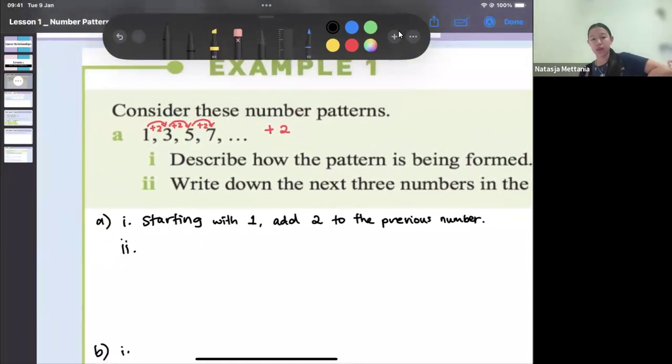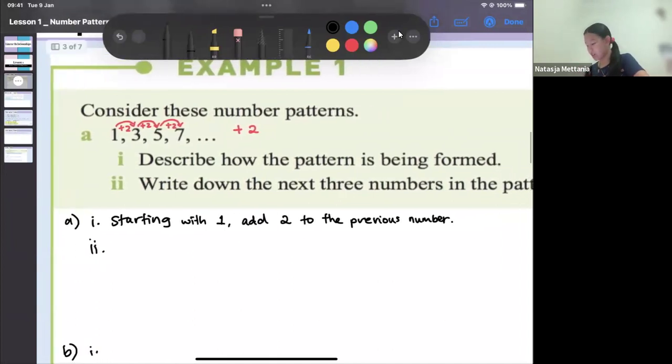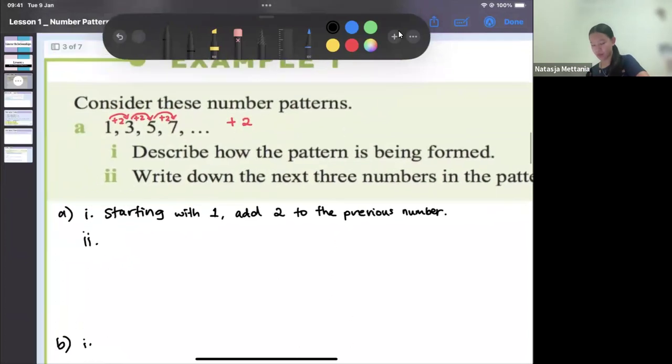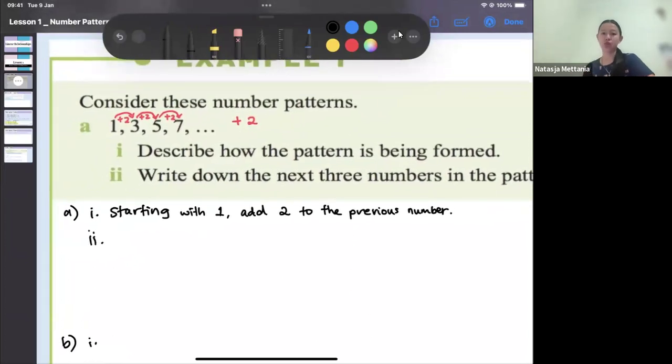The second part to part A is write down the next 3 numbers in the pattern. So I have to add 2 to the previous number. The previous number is 7, right? So I'm going to start off with 7, and I'm going to add 2. 7 plus 2 gives me 9. Then now I'm going to start off with 9. 9 plus 2 equals 11.